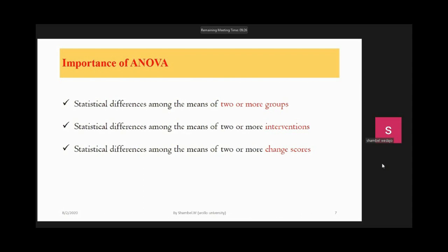Like the previous example, for one group you give a chemical fertilizer, the other group you give biological fertilizer, the other is no intervention. That variation can be brought about because of those interventions you made. Another is a statistical difference among the means of two or more changes. For change in score, you may apply the ANOVA test.